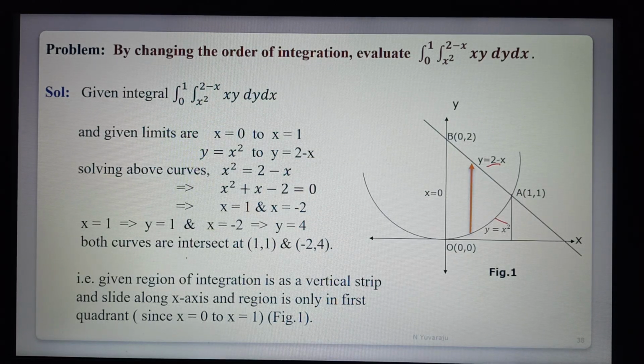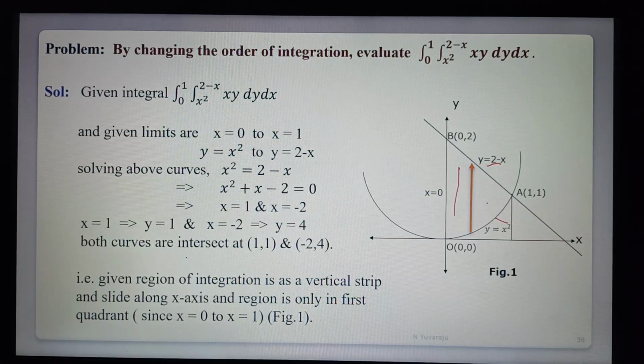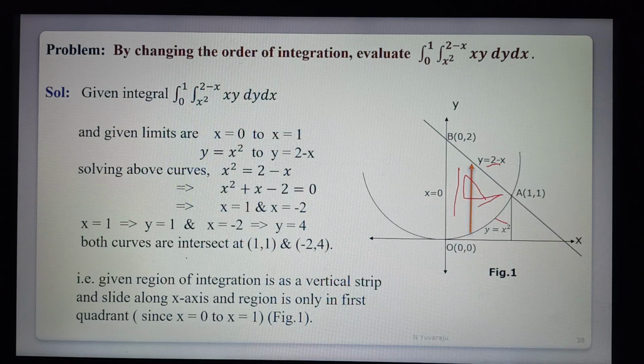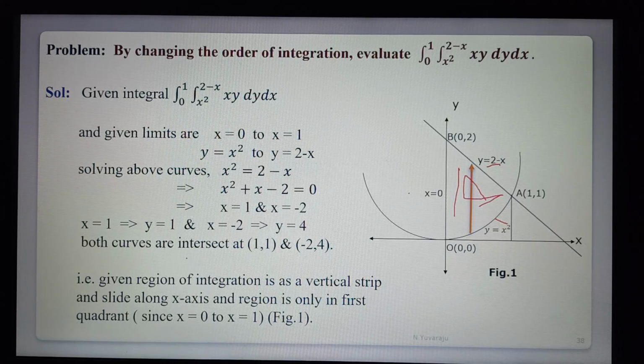Here A is the intersecting point 1 comma 1, and this is the given region. The region of integration consists of a vertical strip sliding along the x-axis, with x limits 0 to 1 and y limits x square to 2 minus x.